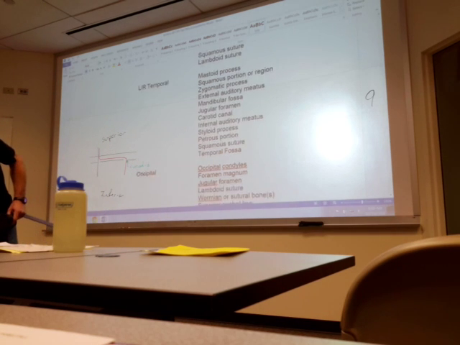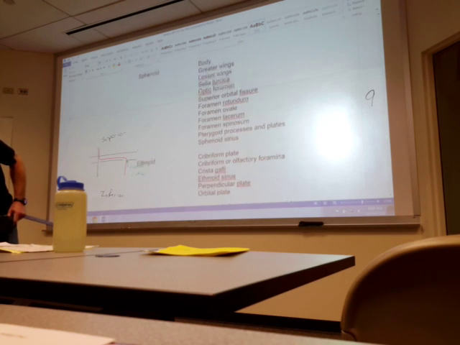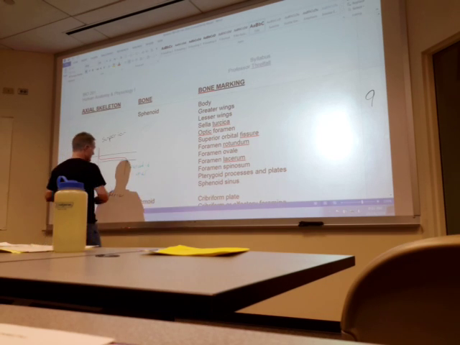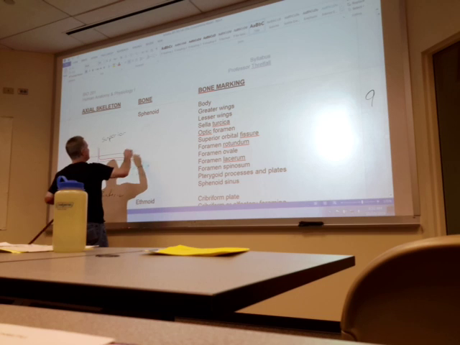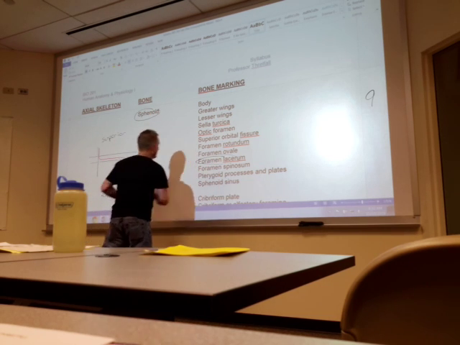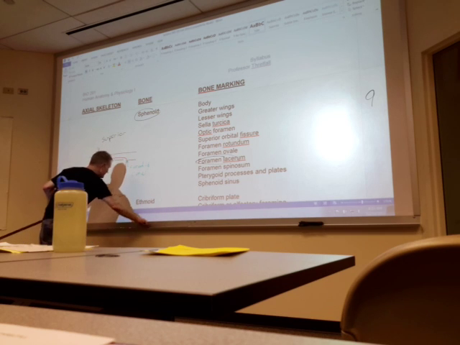You've got your bone chart in front of you. You can figure it out. You're probably quite familiar with it by now anyway. Go to the sphenoid bone. Look at the foramen lacerum.